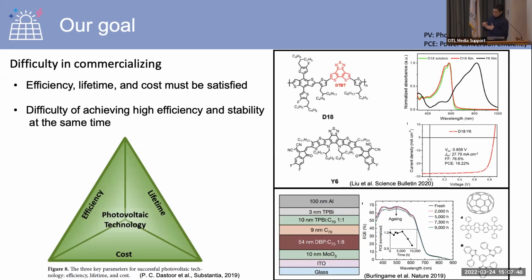We must overcome this because, as we can see in these two examples of research reported pretty recently, the upper research reported very high efficiency but had no stability data, and the bottom research reported a very long lifetime, which is related to stability, but very low efficiency.